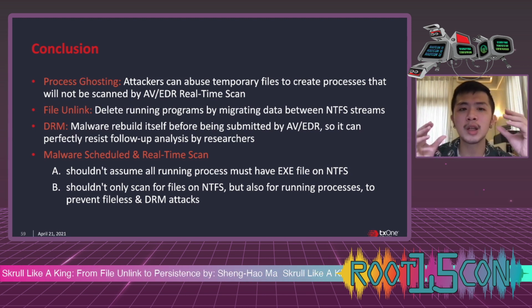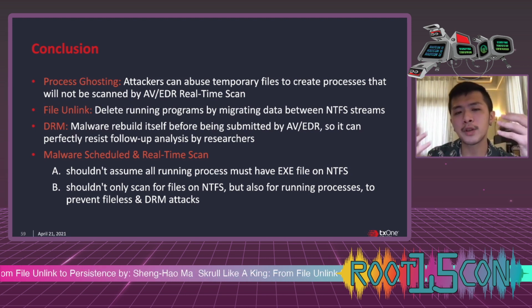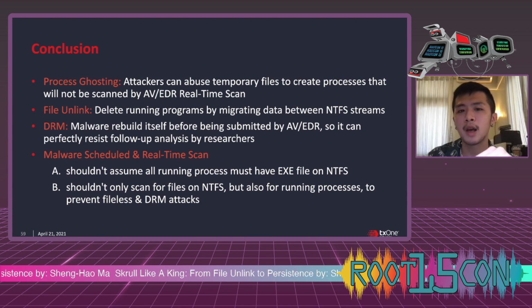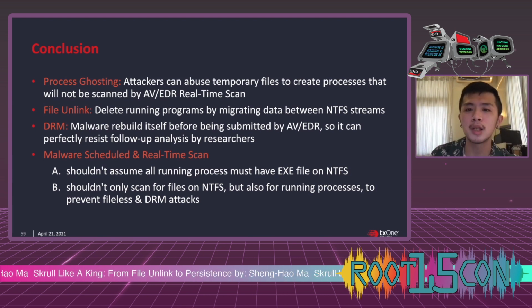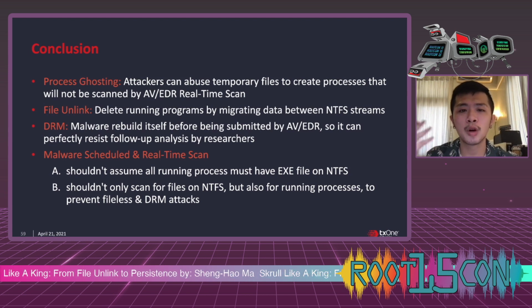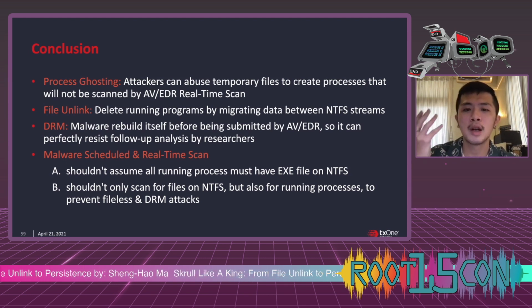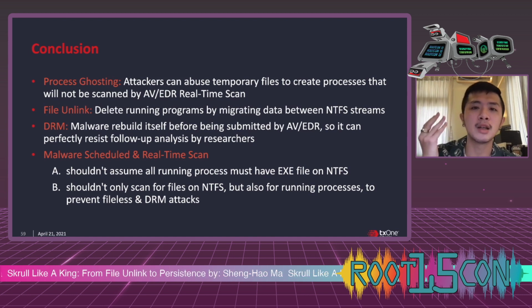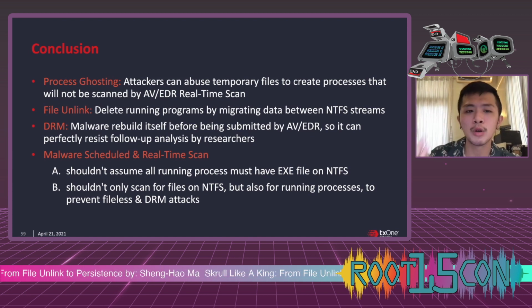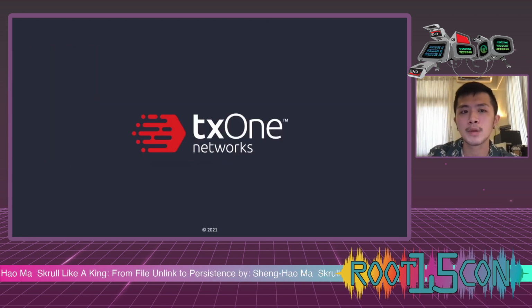Finally, using the self-deletion technique, any malware can rebuild itself on the victim side and do fake signing. We also want to remind security vendors that they should not scan files only on the file system, but also analyze those running processes.